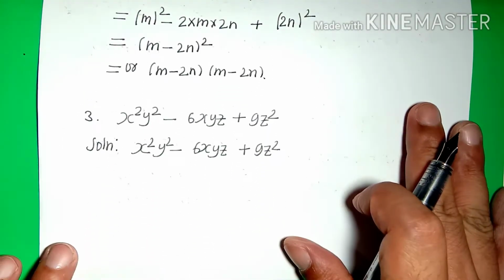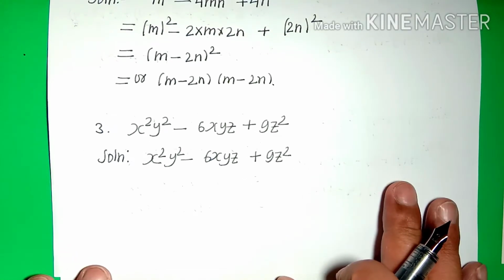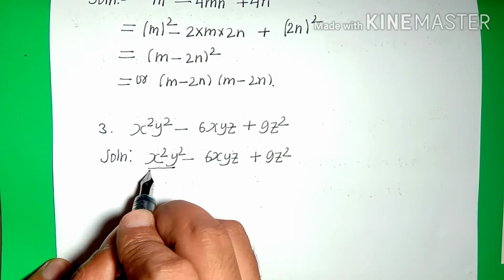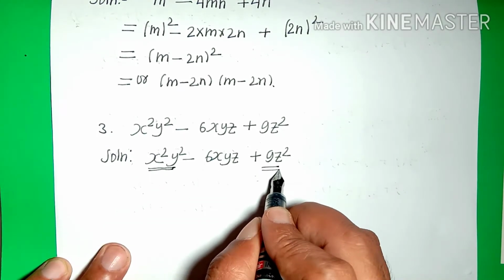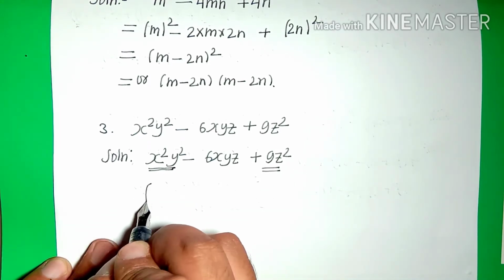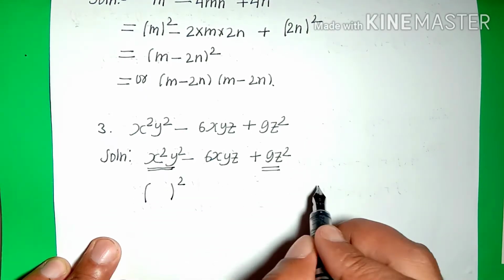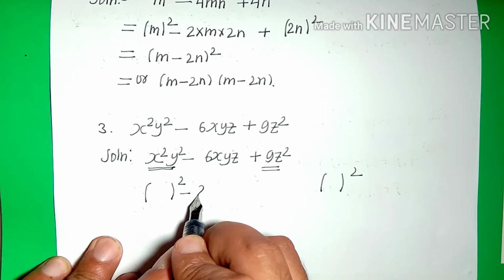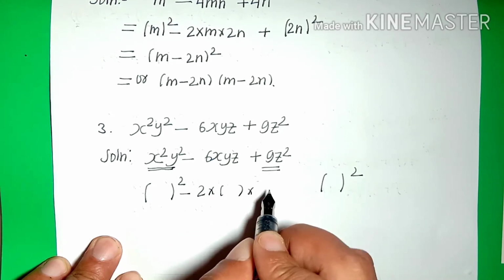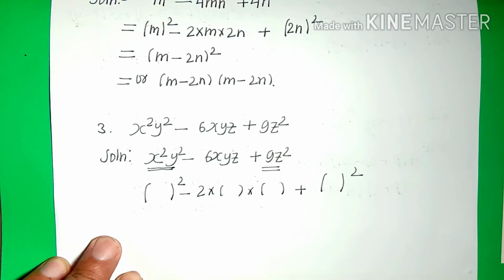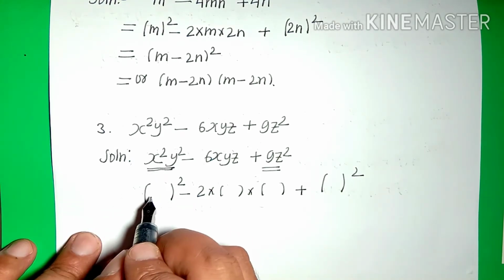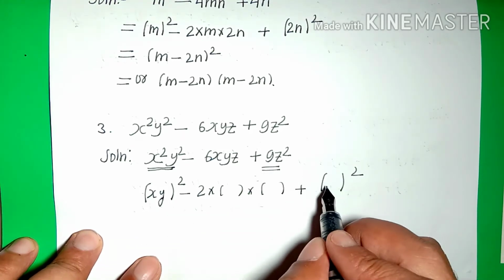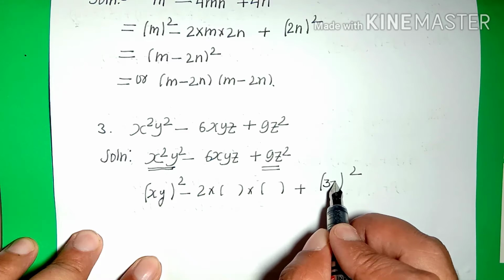The third one. First you'll have to know a and b properly. So with this you get the value of a, and here b. I need a square here, and with this value you get b square. After the same sign we drop here 2 into a into b plus b square. Now the value will be xy, and 9 is a perfect square of 3z.